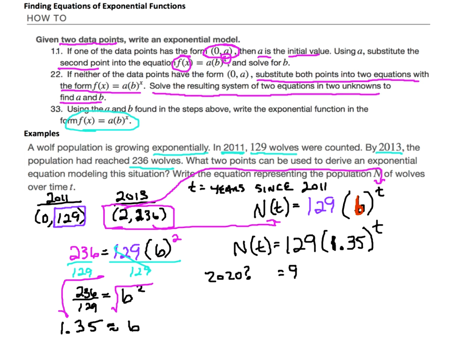So n of 9 is equal to 129 times 1.35 to the 9th power, and I'm just going to put that into my calculator, 1.35 raised to the 9th power, and then multiply that by 129. In 2020, my population will be approximately, I'm going to round to the nearest whole wolf, 1,921 wolves, 9 years later.